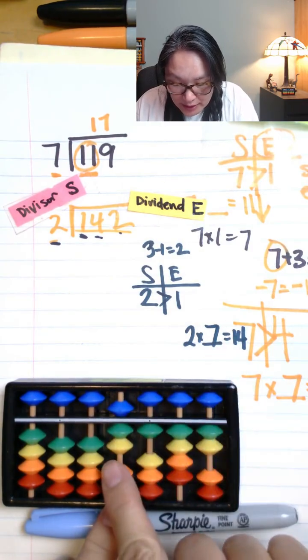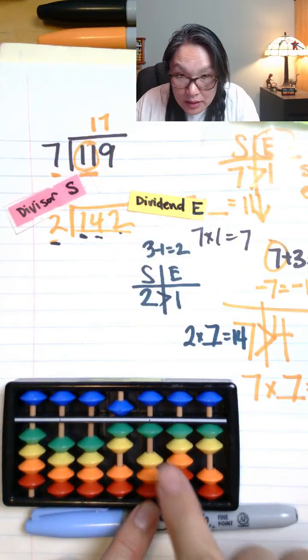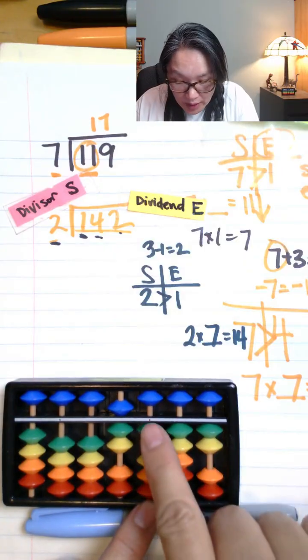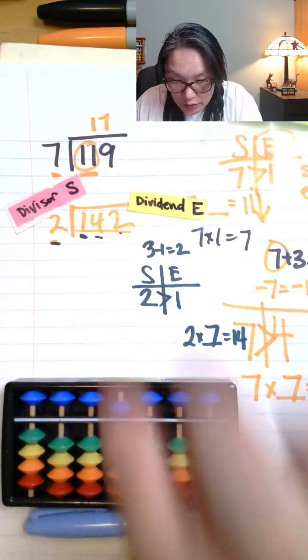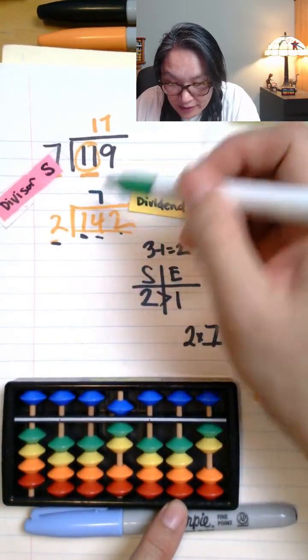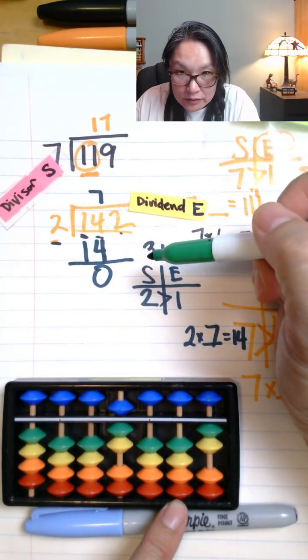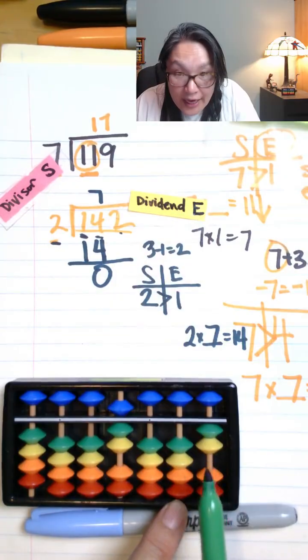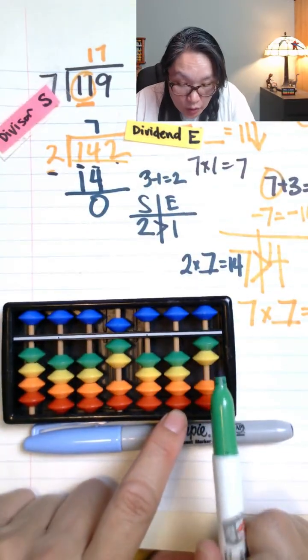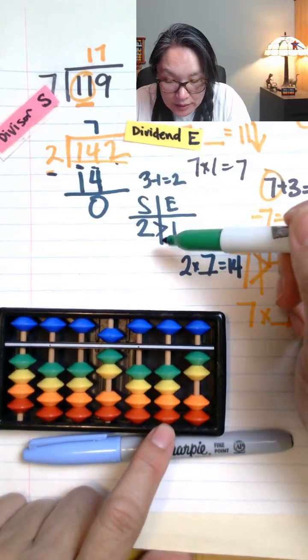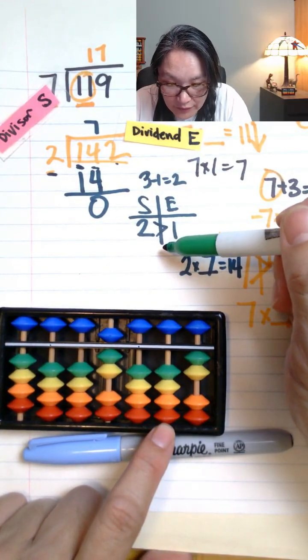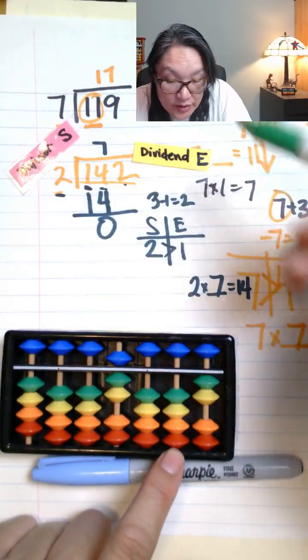So I have 14: take away 1, take away 4. Take away 1, take away 4. Just like here, I have 7, I take away 1, take away 4, and now I have 0. So what do I have left? I have 2 left. So it goes back to who is bigger, the dividend or the divisor. But they're the same.